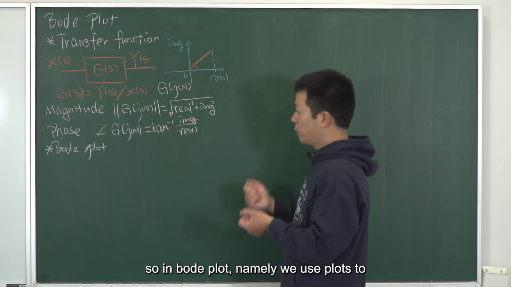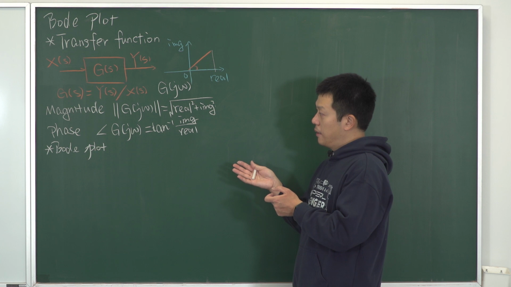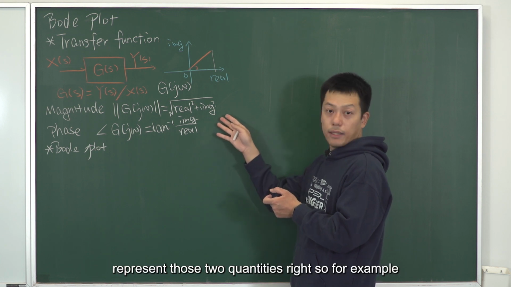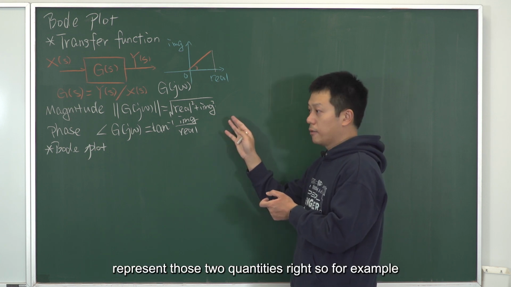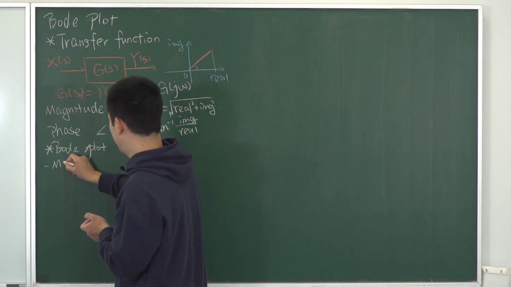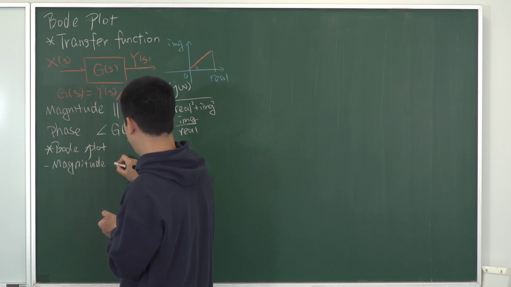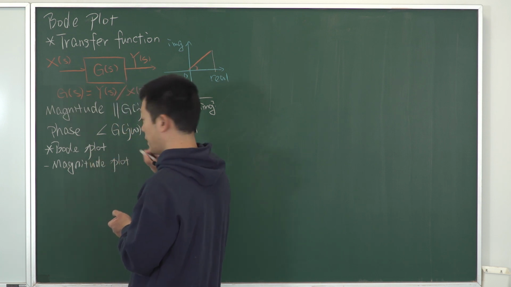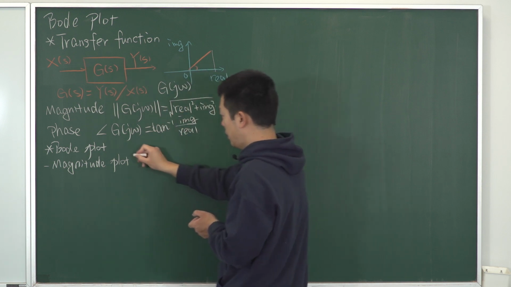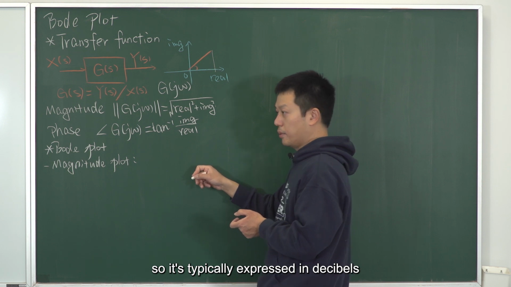In the Bode plot, we use plots to represent those two quantities. For example, we can plot the magnitude plot. The magnitude plot is typically expressed in decibels.